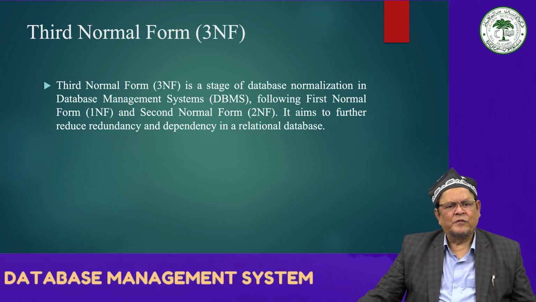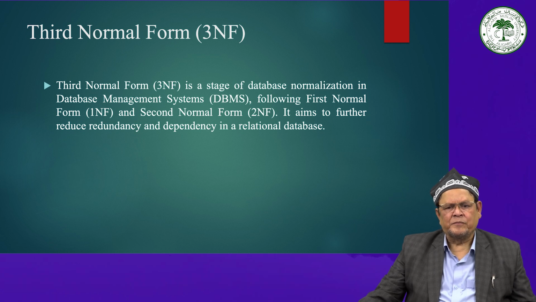To achieve 3NF, tables may need further decomposition to remove transitive dependencies. This process involves splitting the table into multiple tables, with each table corresponding to a distinct entity or relationship.